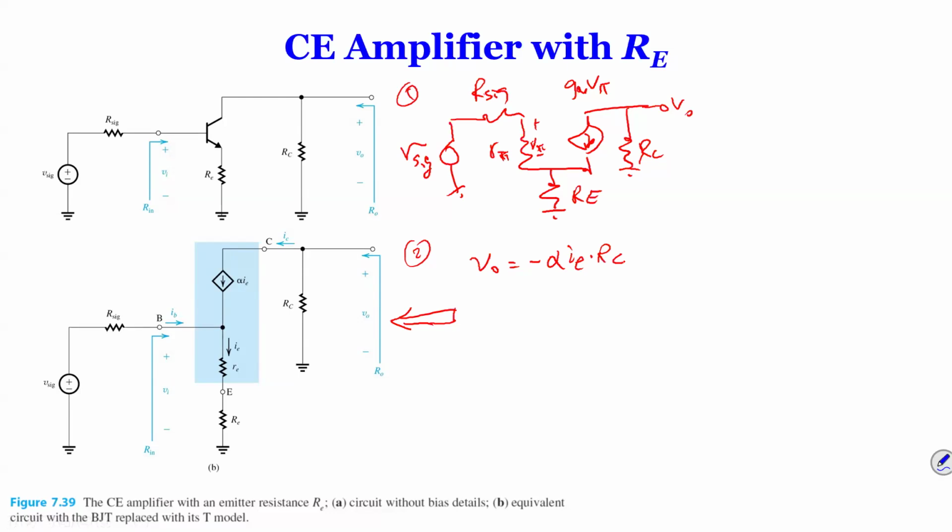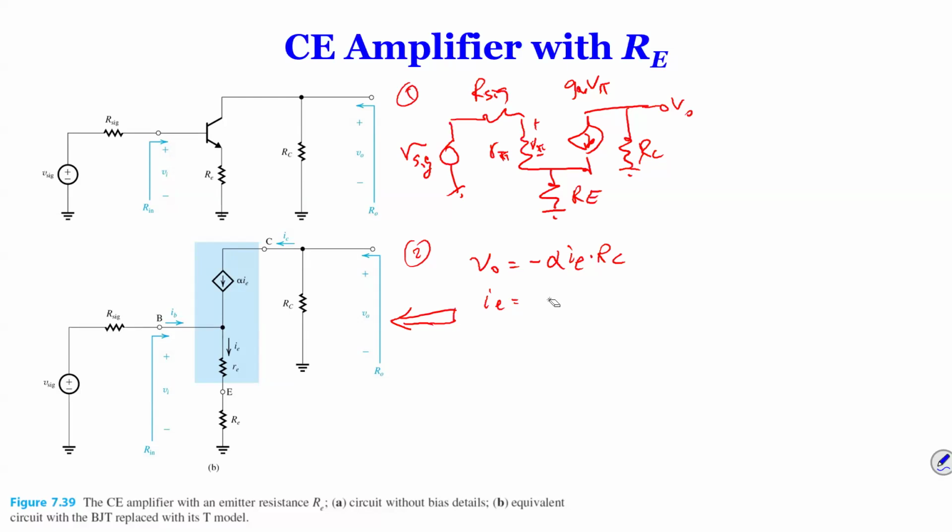Then IE equal to... So this alpha times IE is the induced current, but we need to find IE, which is actually over here.